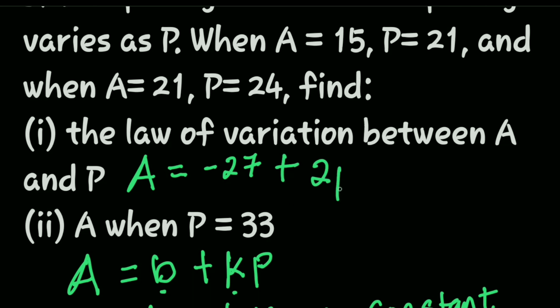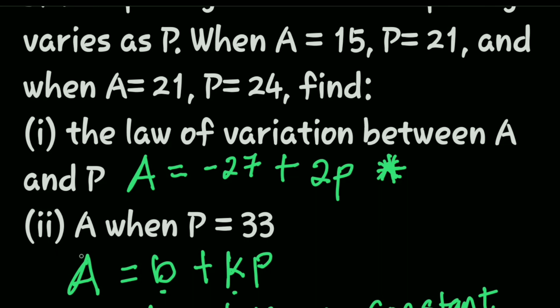So 2P. So this is a formula we have just derived to solve any other additional information relating to this. We have written the law connecting A and P. So every other thing we're going to do will be based on this expression here.